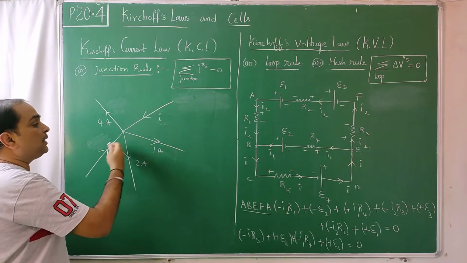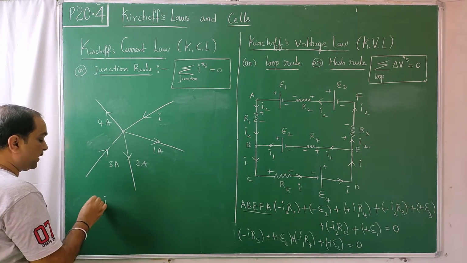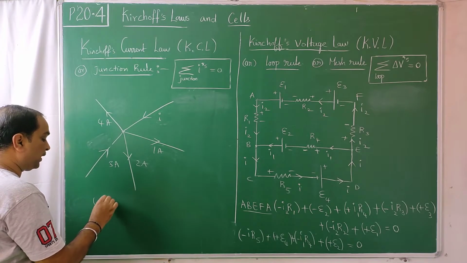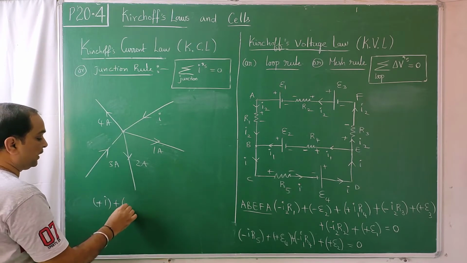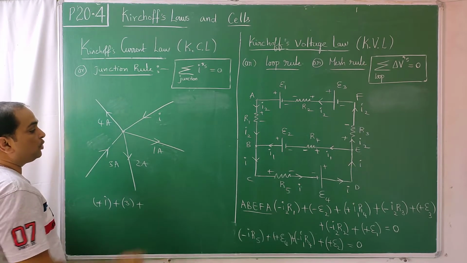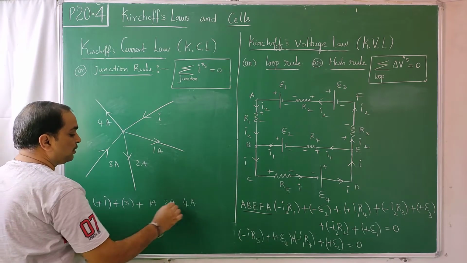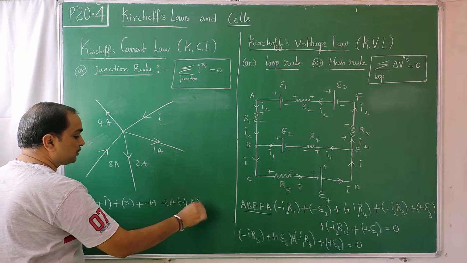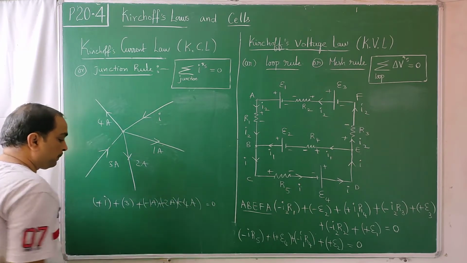So some current comes in and many go out like this. Incoming current, let us take as positive. Any other incoming currents? This is an incoming current: plus 3. Outgoing, outgoing, outgoing: 1 ampere, 2 ampere, 4 ampere. Minus, minus, minus, and in between plus is equal to 0.